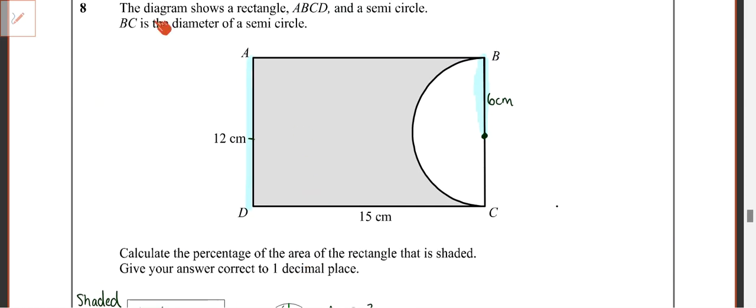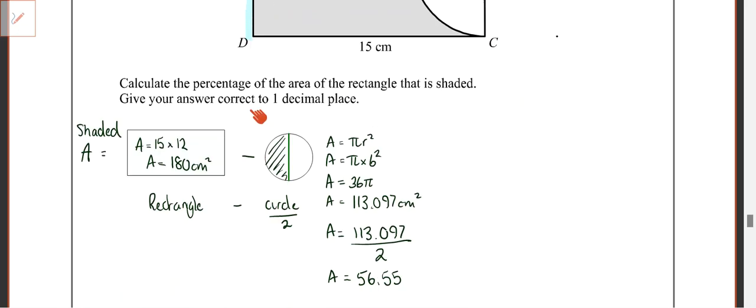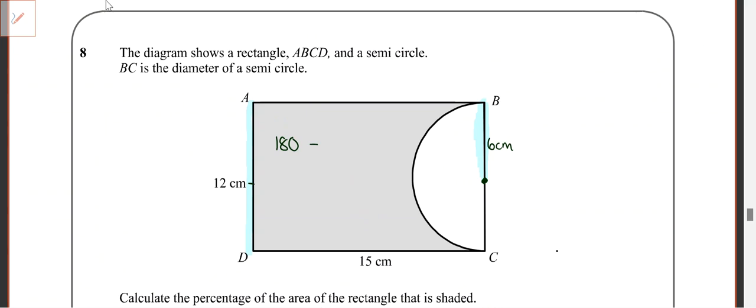So, up here, this shaded region is going to be the 180 for the entire rectangle, minus the value for this, 56.55. This area is 56.55 square centimetres. This whole area is 180 square centimetres. So the area of the shaded region is that. And what do you get for that? 123.45? Okay. I'll leave it like that.